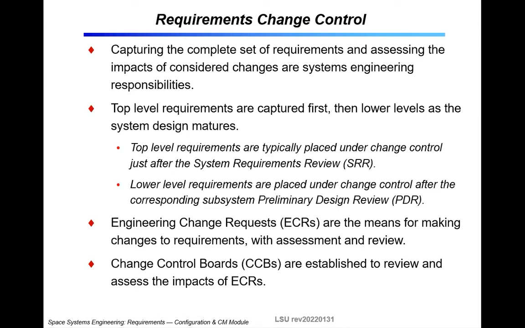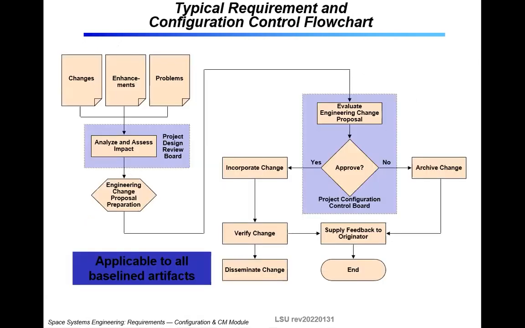So, change control in your requirements. The kinds of things that you want to be able to do is basically capture how you change those requirements. You may go from your system requirements through the PDR, and those kinds of requirements can change as you progress through the system. We aren't going to go through change control boards or engineering change requests.